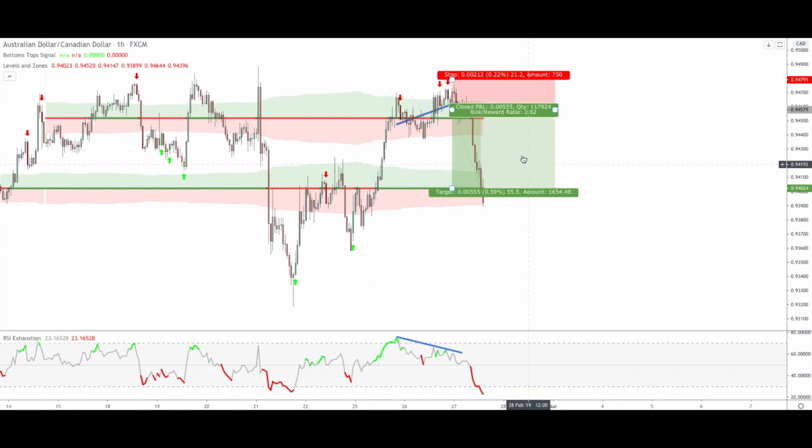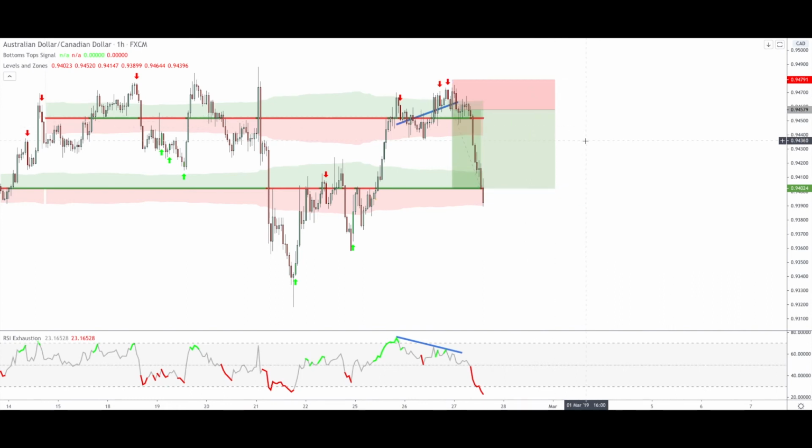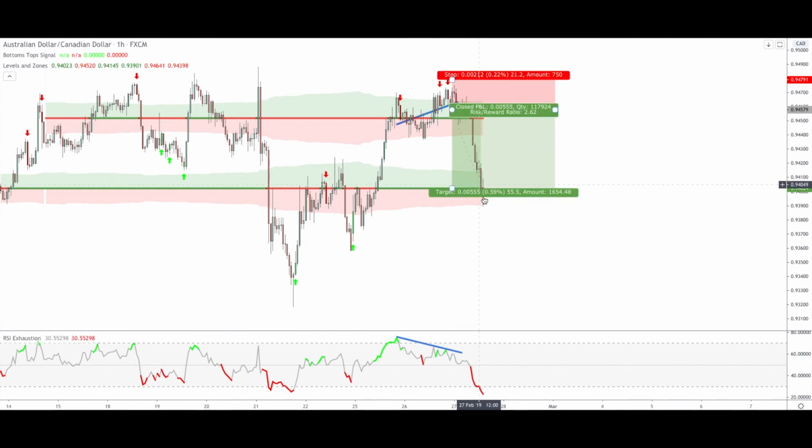Okay, so we got to our target, guys. We got to the target and our return was more than 2.5x, so 2.62x, which is good. Considering how fast it is moving, I'd say that the price might have some more downward movement because it's moving very fast.